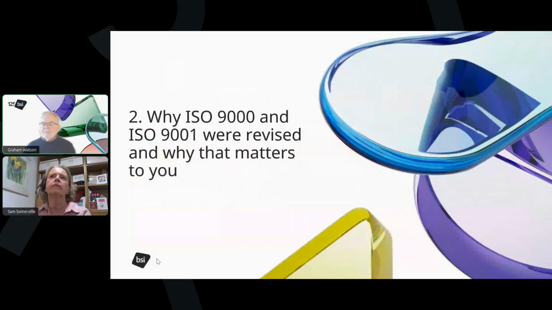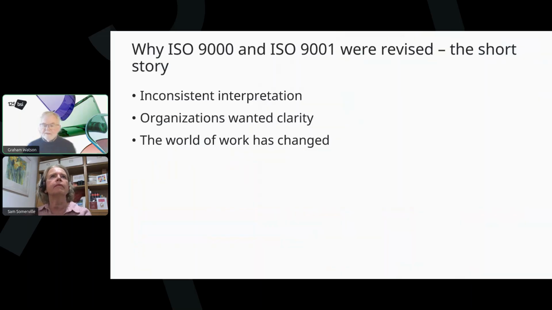With that context in mind, let's briefly look at why ISO 9000 and 9001 were revised and why that matters to users. That's you, basically. The short version is that users told us there was inconsistency in the way these standards were interpreted.